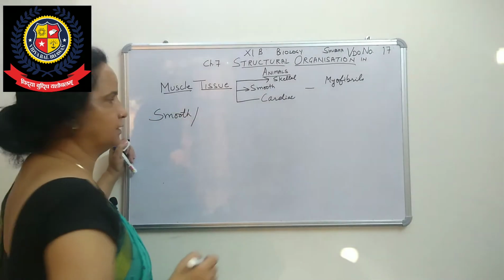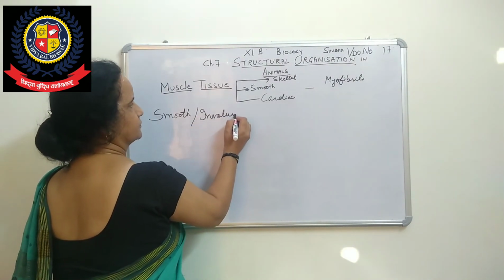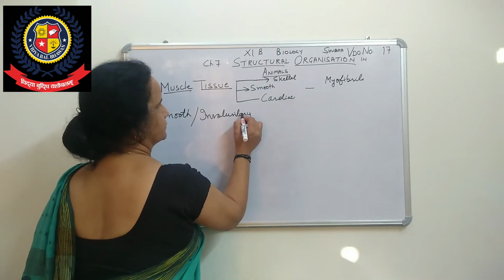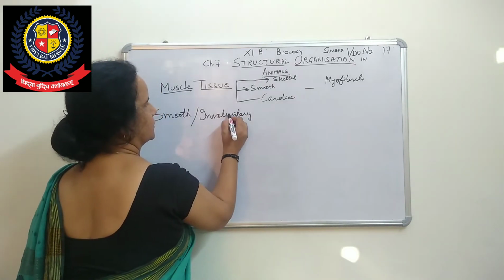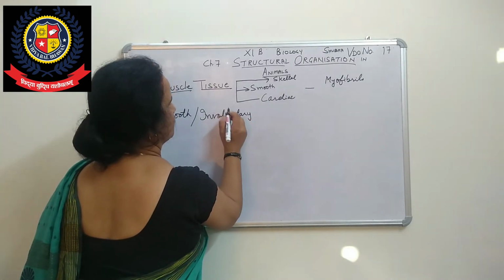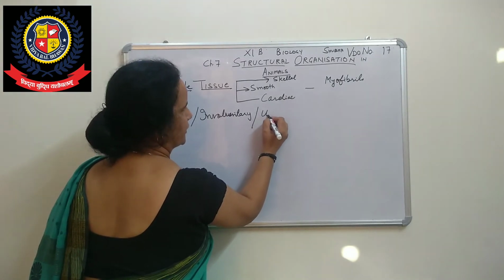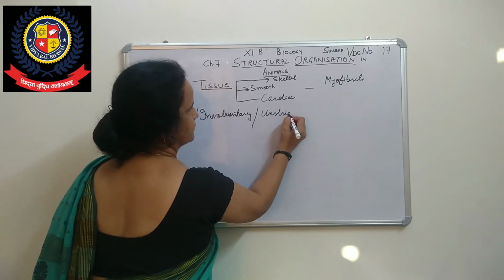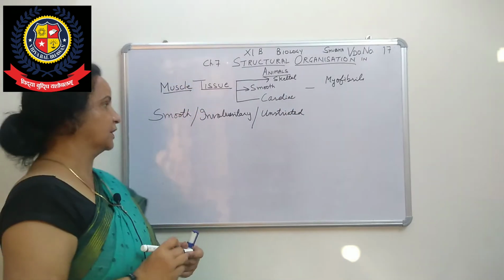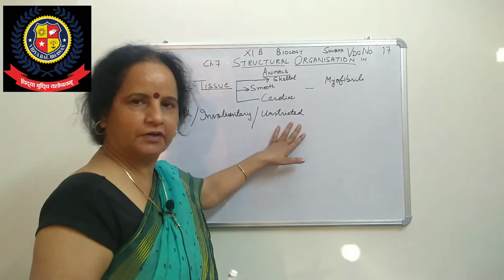One is smooth muscle, second is involuntary muscle, and third is unstriated muscle. There are three names: smooth muscle, involuntary muscle, unstriated muscle.